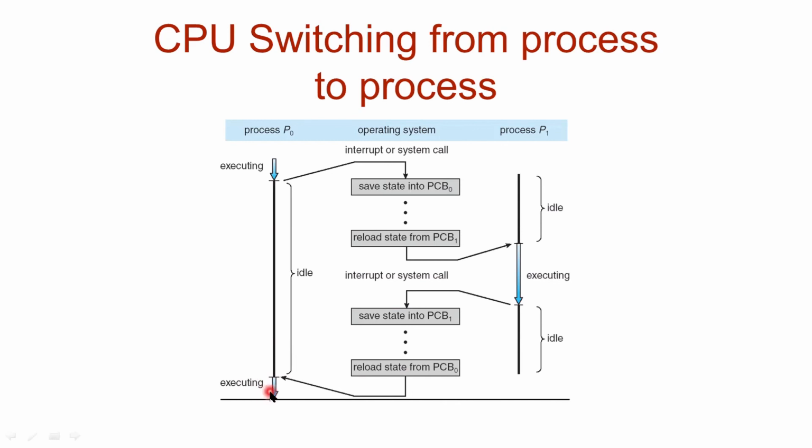An important observation here is that whenever the CPU leaves the execution of one process and starts executing another, two important tasks are done. First is saving the state of the process which the CPU was previously executing, and loading the state of the process which has to now execute.